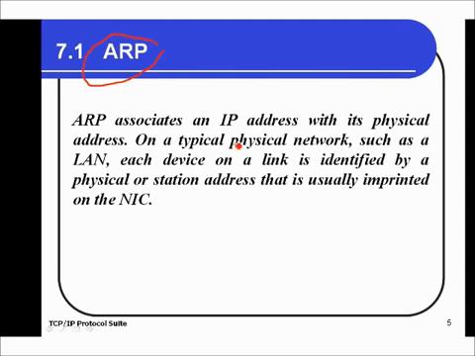The query is broadcast over the network. Every host or router on the network receives the ARP query packet, but only the intended recipient recognizes its IP address and sends back an ARP response packet. The response packet contains the recipient's IP and physical address.